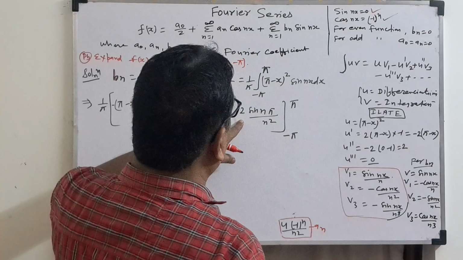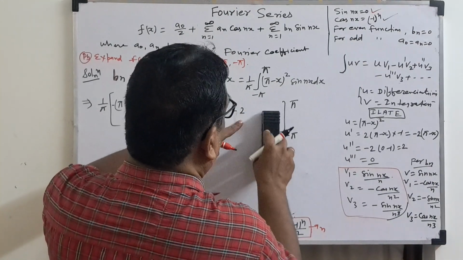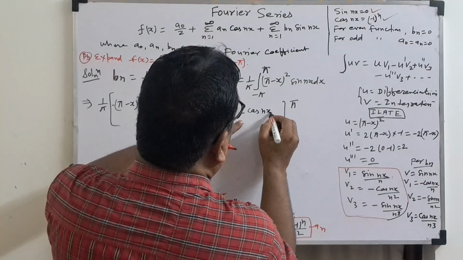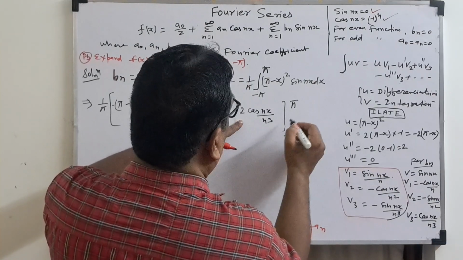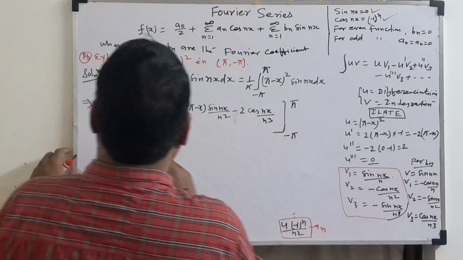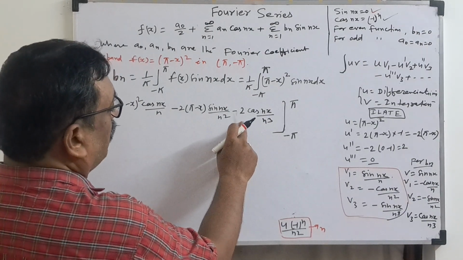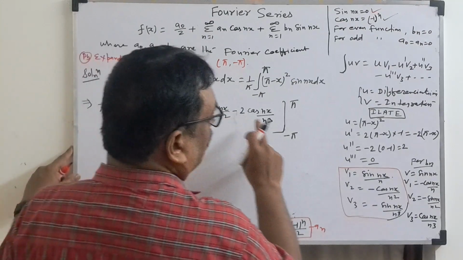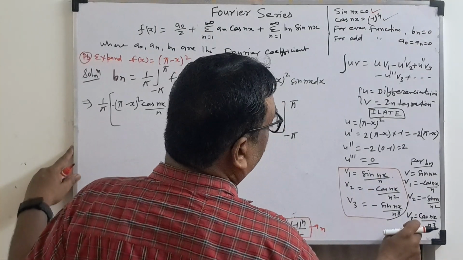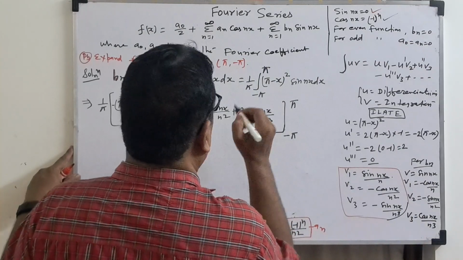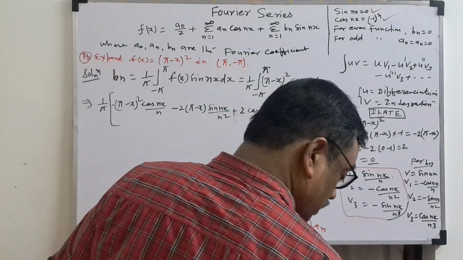So u double dash v3 is cos nx by n cube. Now correct. So u v1, u dash v2 plus, so minus. Why minus? Because v3 will be plus. So this will be plus only. Okay. So now clear.